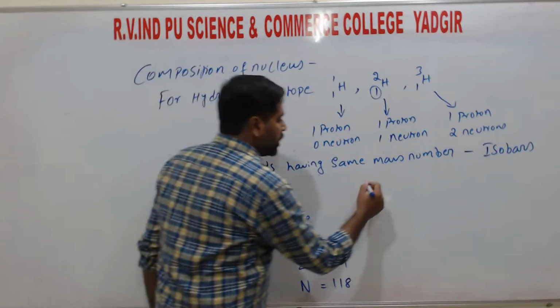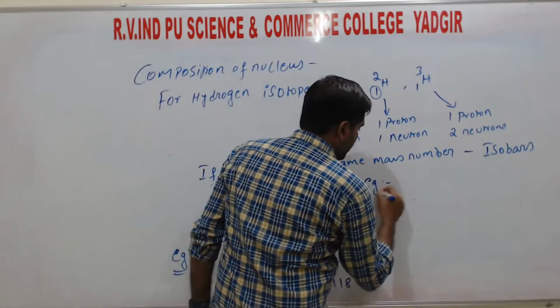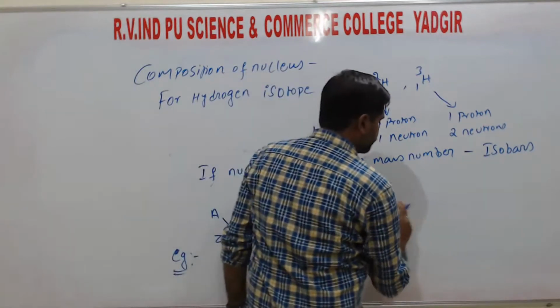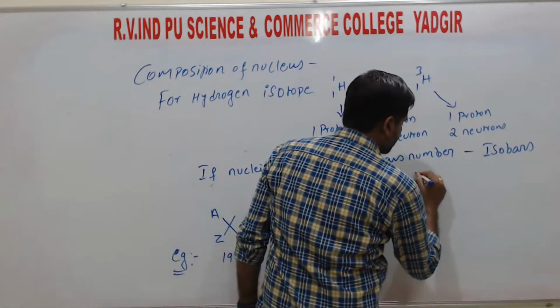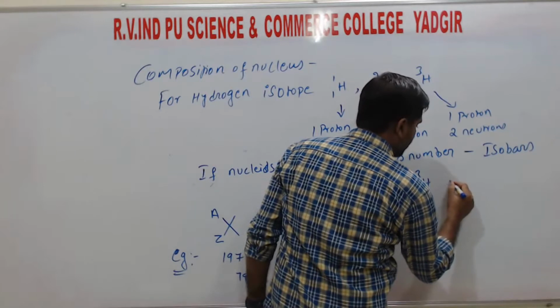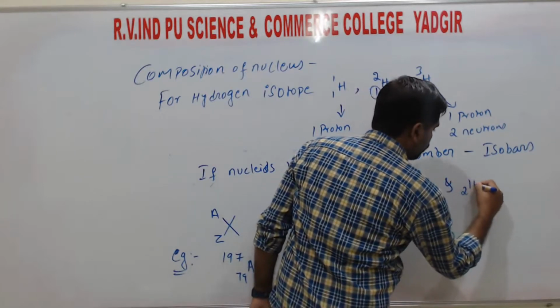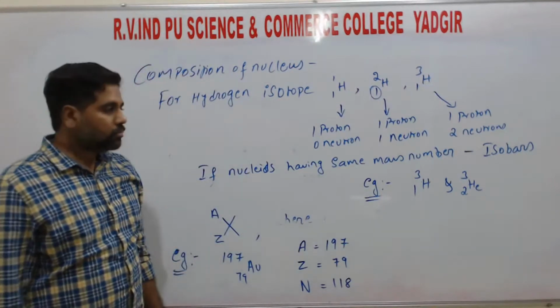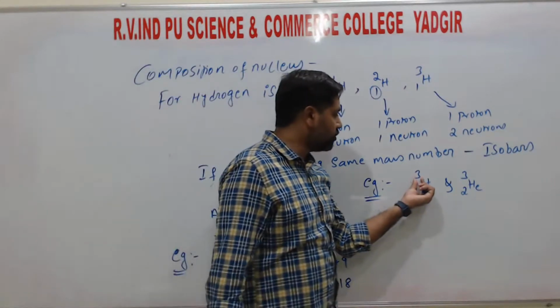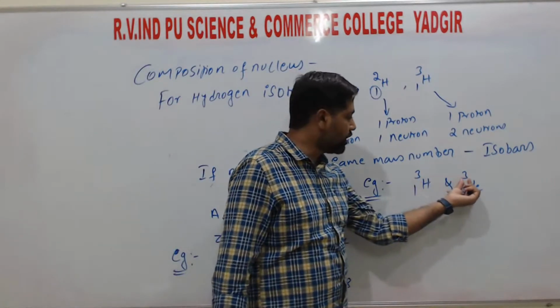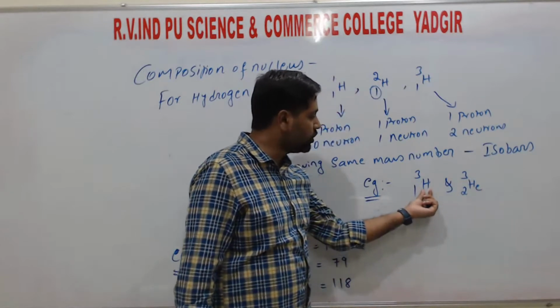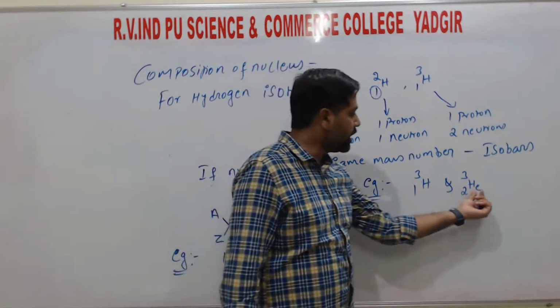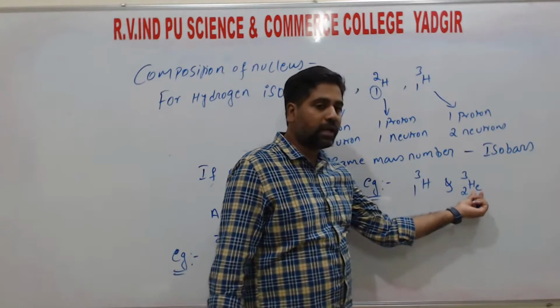Right? So for this, if we write an example, that is 1H3 and 2He3. Here if you observe, the A value is 3 here and here also the A value is 3. Here we have the nucleus of hydrogen and here we have the nucleus of helium.